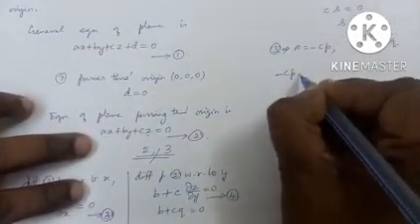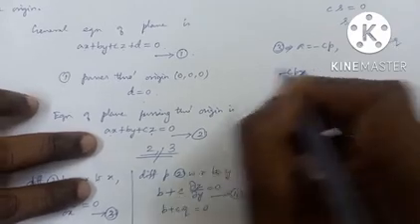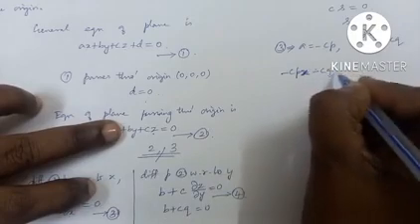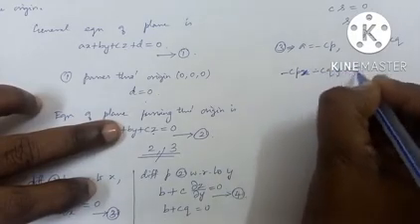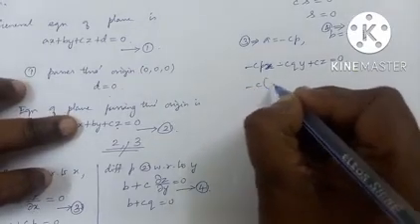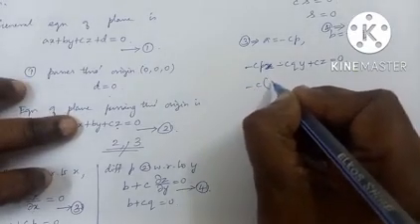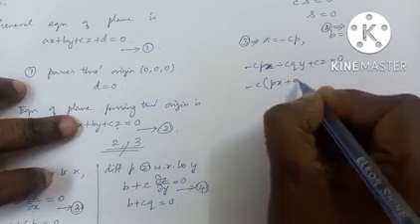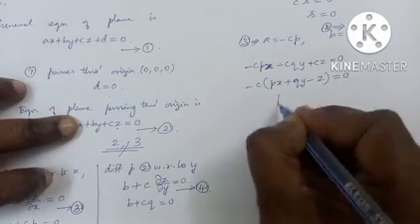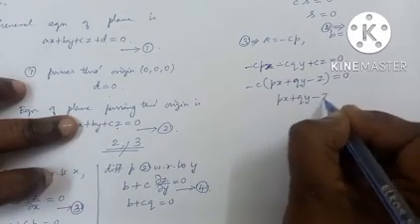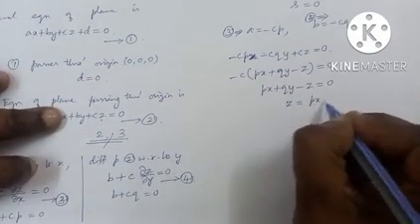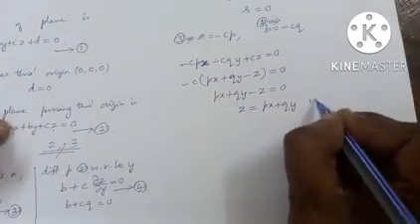Minus cpx, minus cqy, cz equal to 0. Take minus c common. It is px plus qy minus z equal to 0. When you bring minus c this side, it will become px plus qy minus z equal to 0, or z equal to px plus qy.